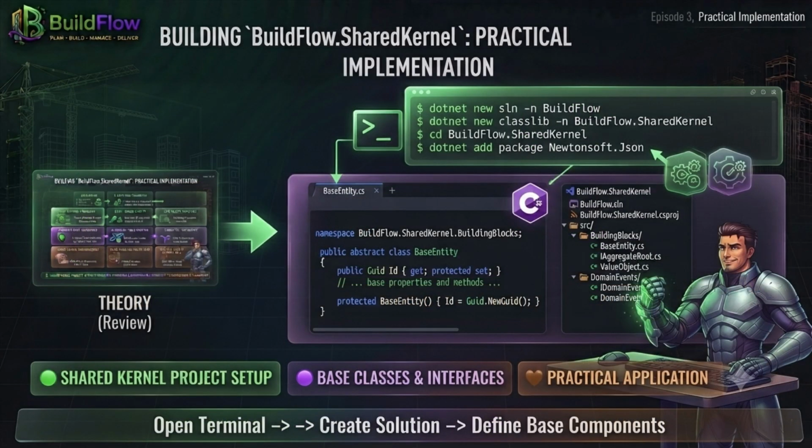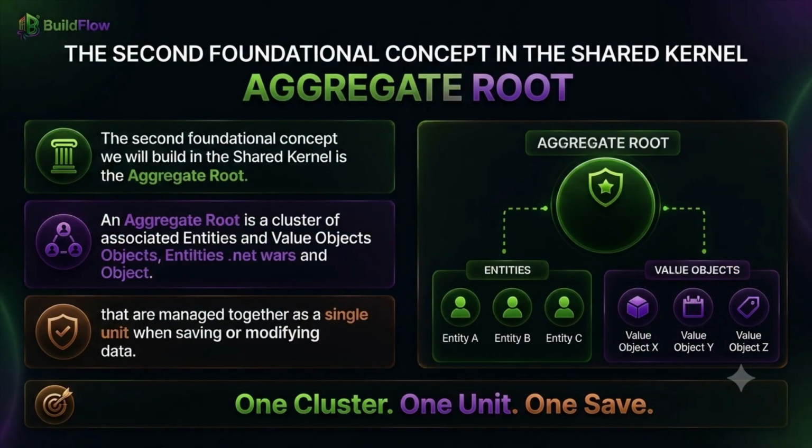In the very next video, we will move from theory to practical implementation. We will open the terminal together, create the solution and the projects step by step, and write the basic classes and abstract components for these concepts inside BuildFlow SharedKernel, to prepare the system for the next phase, which is multi-tenancy.